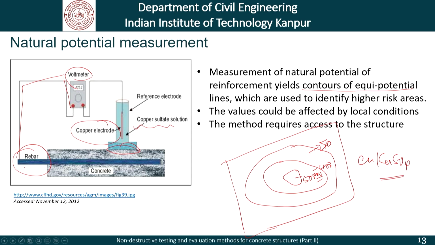Now, based on this kind of information, we can say that, okay, this is the area which is more likely to have corroded. The values could be affected by local conditions, for example, the kind of saturation that is going on here, the cover that we have and so on, and the method also requires access to the structure.